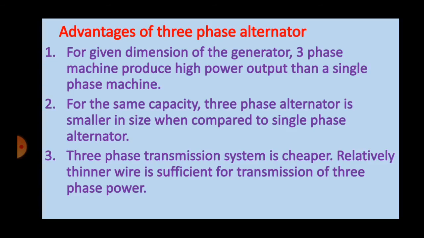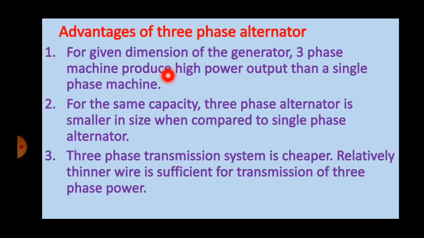In this case, the three-phase system has many advantages over the single-phase system. Already you know that a single-phase AC generator produces a very small amount of EMF, so it has high cost and low efficiency. But in the case of the three-phase AC generator, let us see a few advantages here.